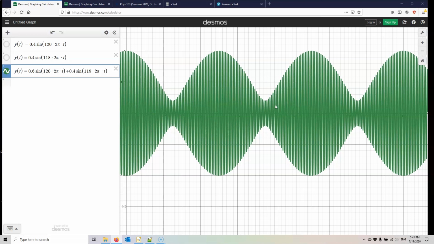So again, make sure you understand that part, but that is what there is to beats. But it's a really fun little phenomenon. It has applications. If you want to tune a piano, for example, you can use beats to listen to one note and another note, or you want to tune your instrument to a reference note that somebody else is playing on a different instrument.